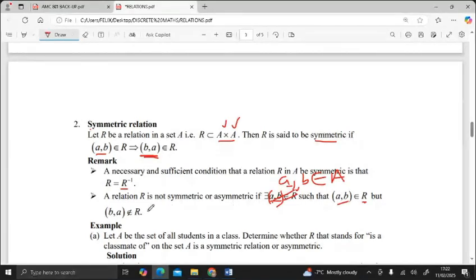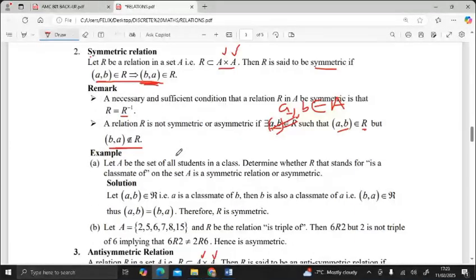We say there exist two elements of A that are related, that is, if A is related to B, that is how we read this, then B is not related to A. The notation here represents B is not related to A. So we say that it is not symmetric, or asymmetric, if there are two elements in A such that the first one is related to B, but B is not related to A. In simple terms, it does not satisfy this.